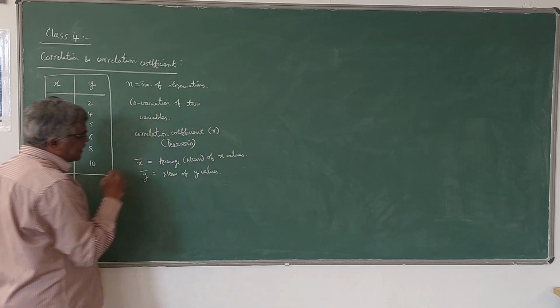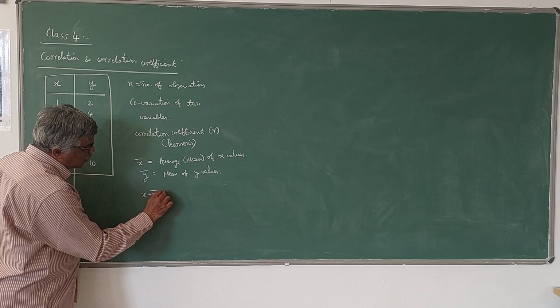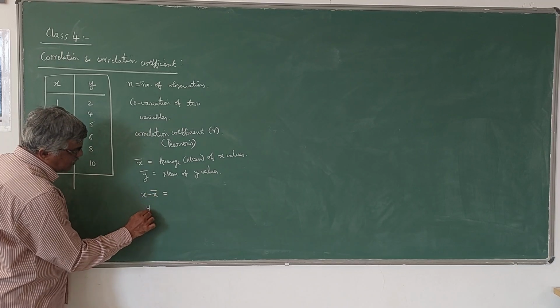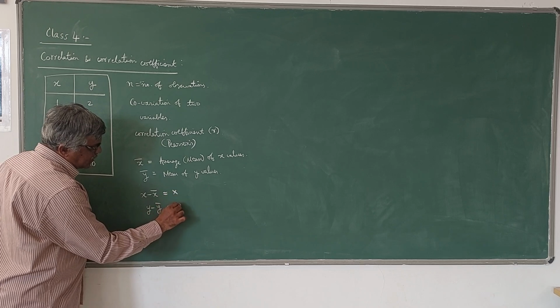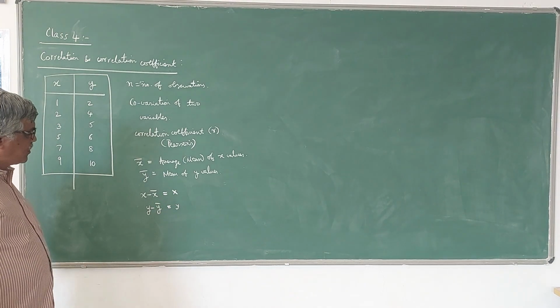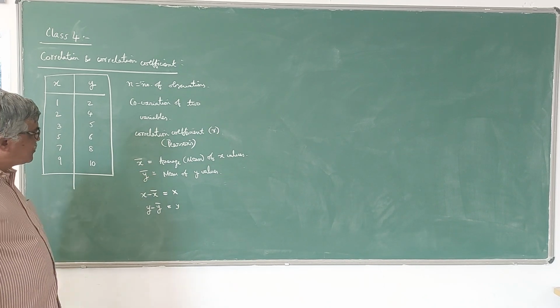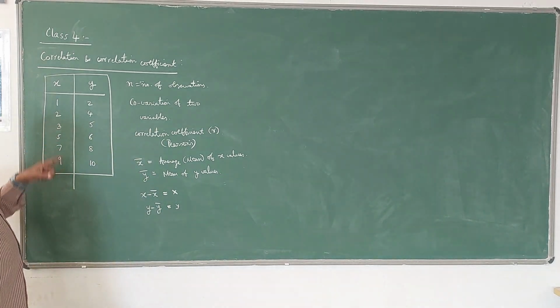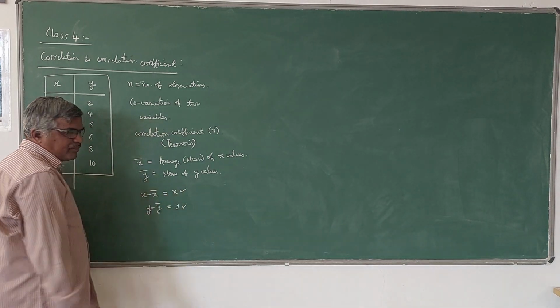And once you get x bar and y bar, we are defining two terms. One is x minus x bar, another one is y minus y bar, as capital X and capital Y. So here x bar and y bar are constants, mean values, whereas x and y are these values. So you will get another set of data, capital X and capital Y.